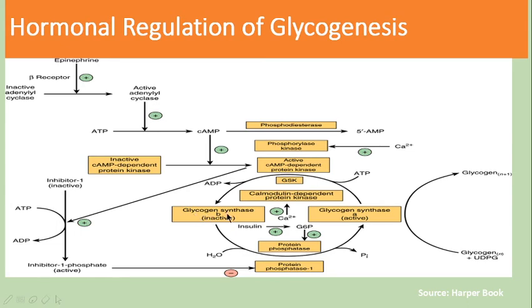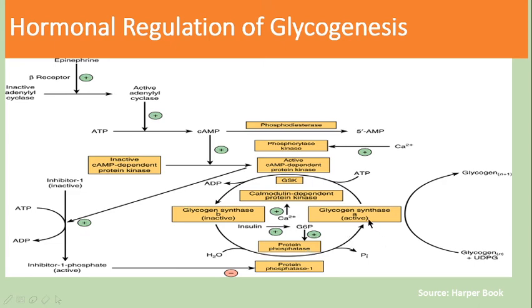So this protein phosphatase enzyme will remain active in the presence of insulin. Insulin's role is to dephosphorylate the enzyme. The glycogen synthase, which is in the phosphorylated state, that is the inactive state during epinephrine, will become active after removing the phosphate with the help of the enzyme protein phosphatase.